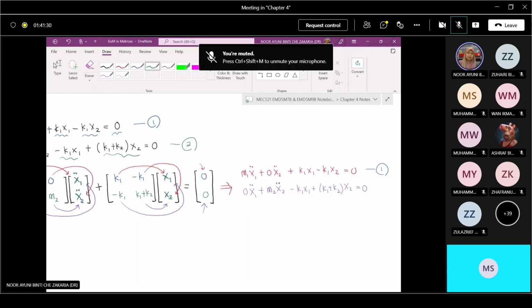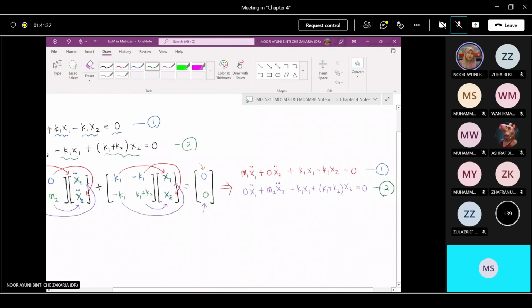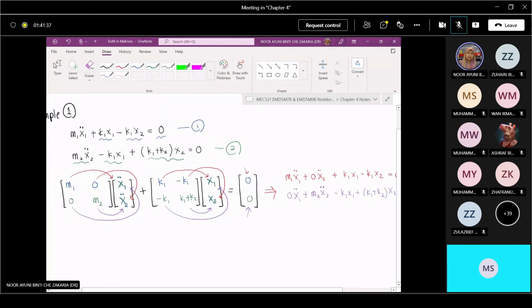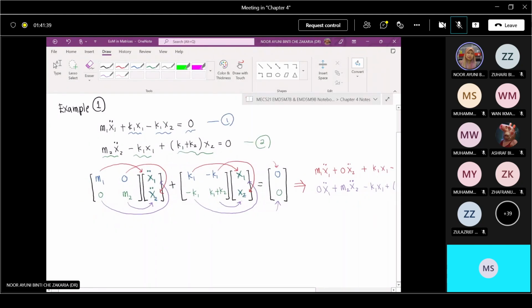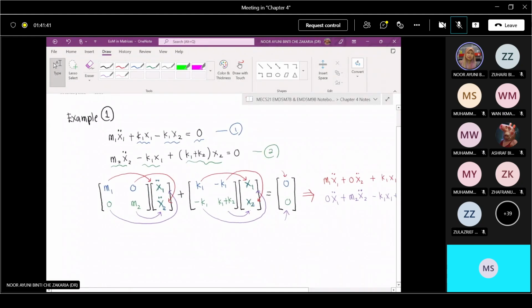And check whether it is the same with the equation of motion that you have above. Okay. That is building or arranging your equation of motion into matrix.